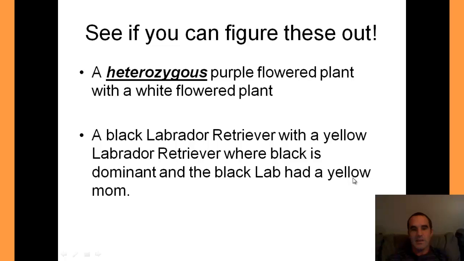So we have a heterozygous lab crossed with a yellow lab, and the yellow is little b, and again, it's just like the top one. You've got 2 heterozygous, so 2 black labs, and then you'd have 2 homozygous recessive yellow labs for the offspring. And that's it for tonight.